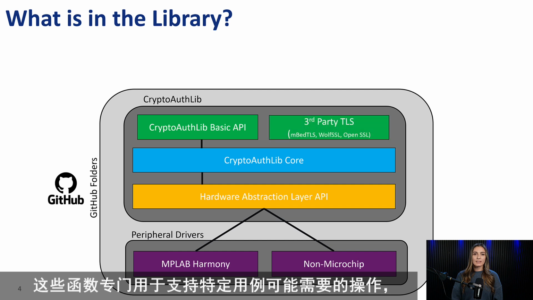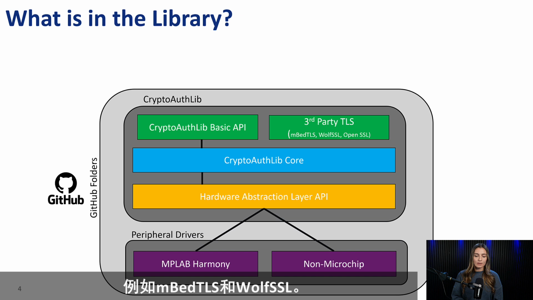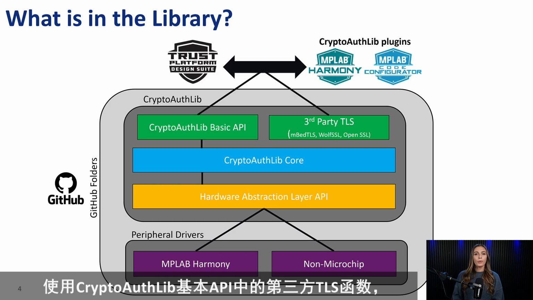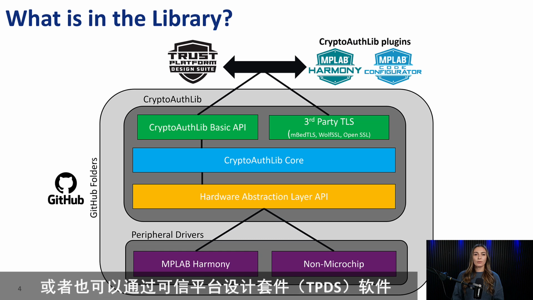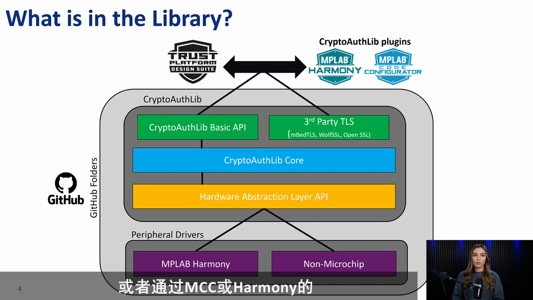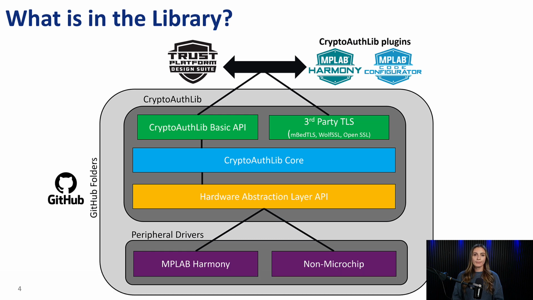These functions specifically support operations such as mbed TLS and wolfSSL that might be needed for specific use cases. Both third-party TLS functions and CryptoAuthLib basic APIs can be directly implemented into your project, or you can implement them through the Trust Platform Design Suite software or through the CryptoAuthLib library plugins for MCC or Harmony.